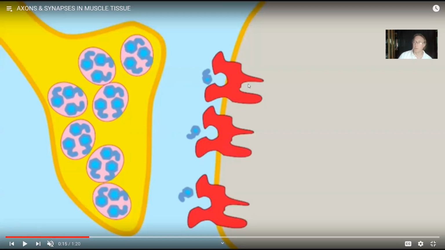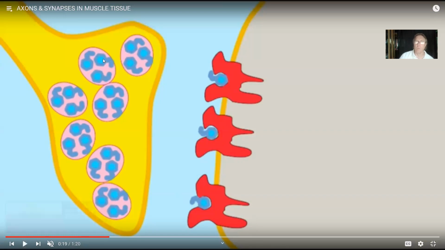And the muscle knows that this message is coming. All right, so it's not a surprise that this neurotransmitter comes here. And so the muscle cell is making receptors for that neurotransmitter. When the neurotransmitter binds to the receptors, that causes this cell membrane to depolarize and start that action potential electrical message, which will be covered in greater detail later.